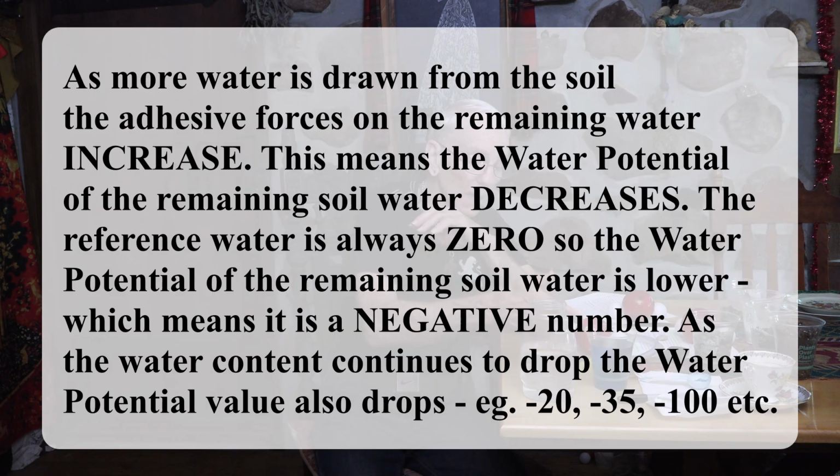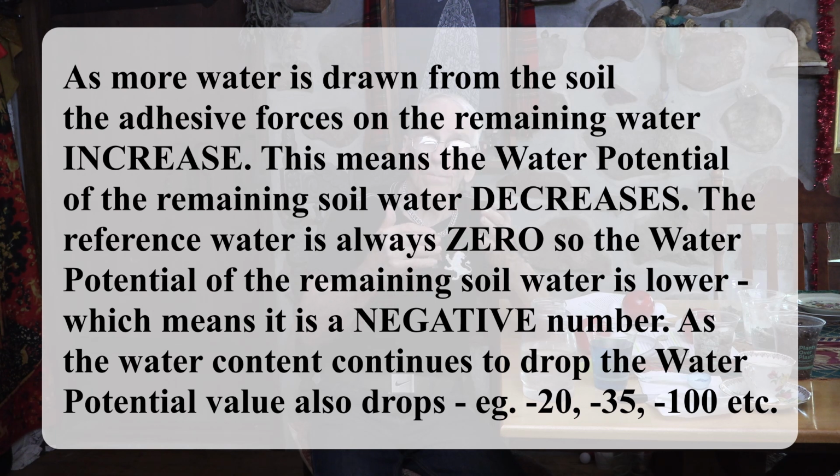As we irrigate and the plant starts pulling water out of the soil, these adhesive forces from the particles start affecting that water and having that attractive force, which drops the energy of the water. And we do things like put fertilizer in, which again drops that energy potential more.